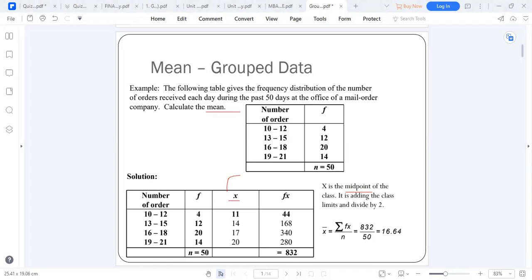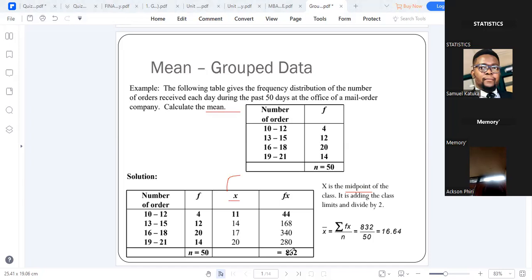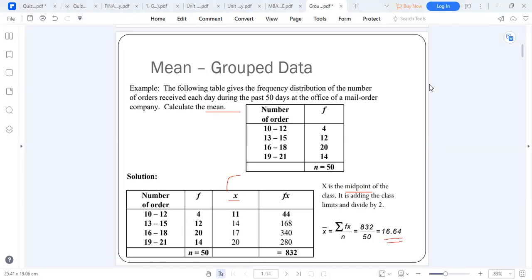In this case, the total was 832 divided by 50. That is how we found our mean of 16.64. That is our average.